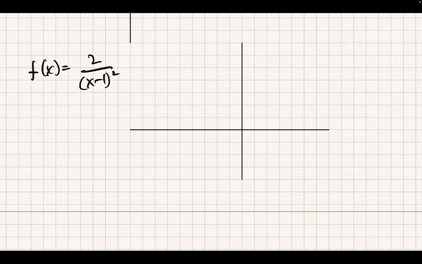Let's double check. f of 1 is what? 2 over 1 minus 1 squared. Simplify that: 0 squared is 0, so 2 over 0, and that's undefined.